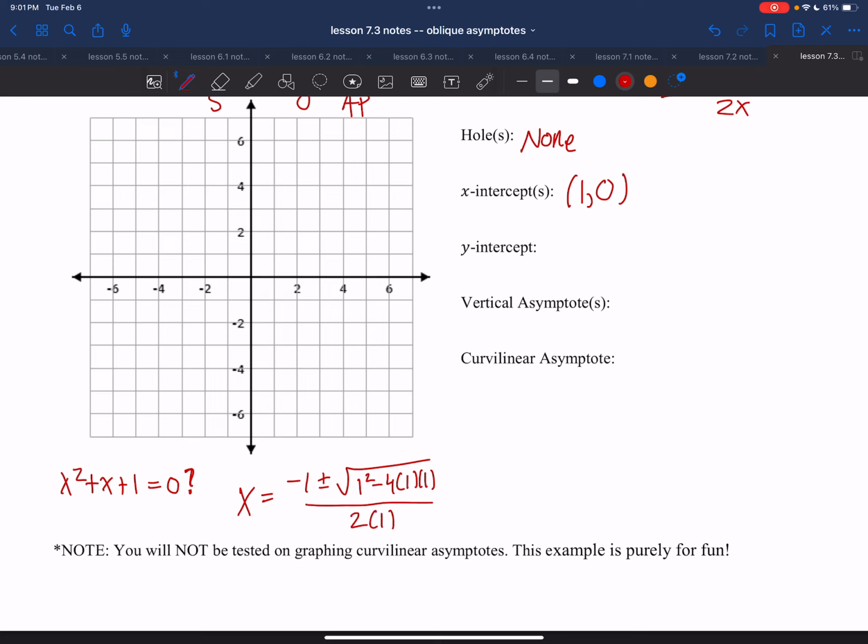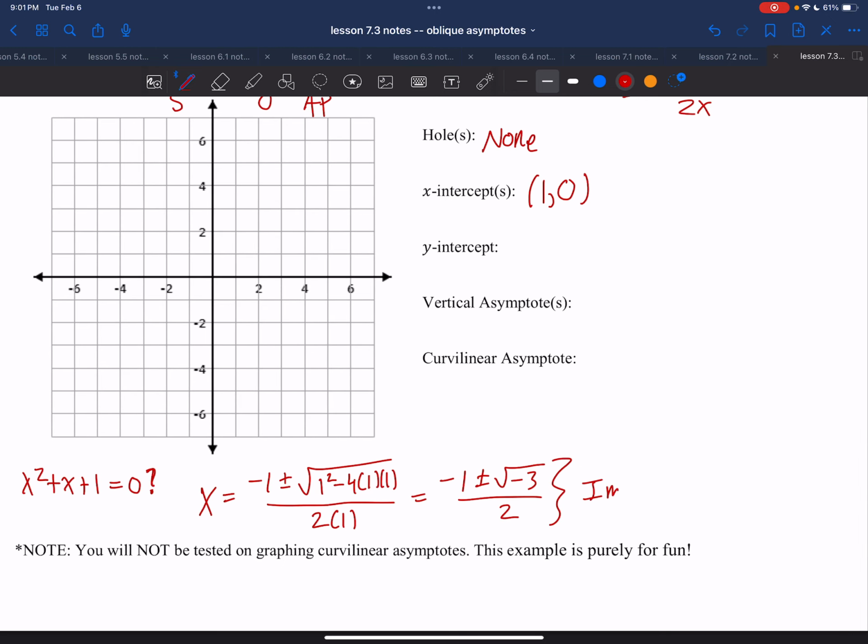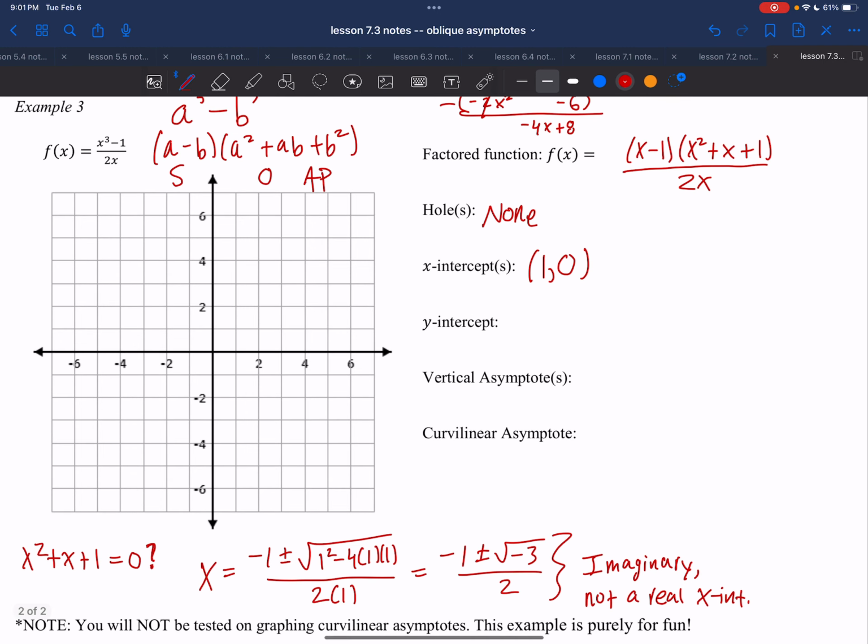And I just plug in the numbers using the quadratic formula. It's negative 1 plus or minus the square root of 1 minus 4, which is negative 3, over 2. This result is imaginary. It is complex. So not a real x-intercept. Not an x-intercept you can plot. So (1, 0) will do. That's the only x-intercept I'm going to have.